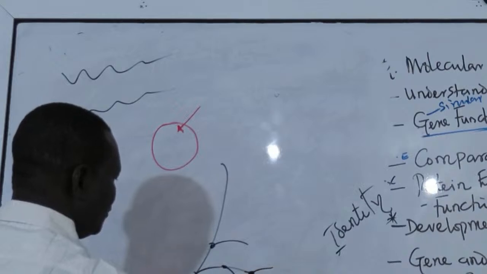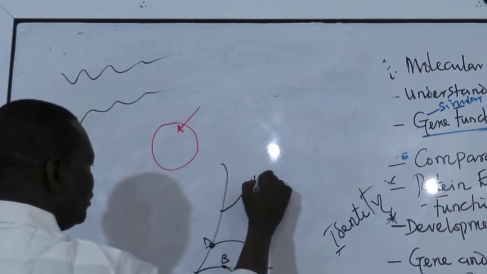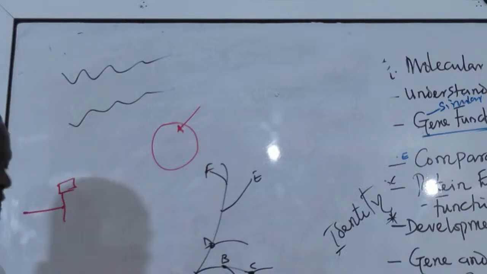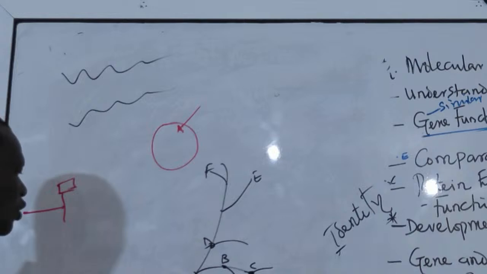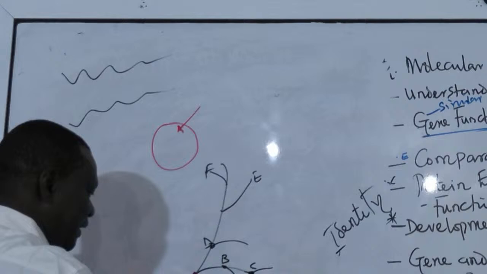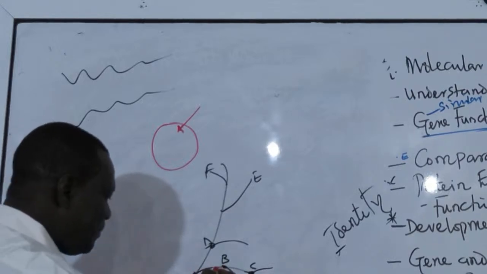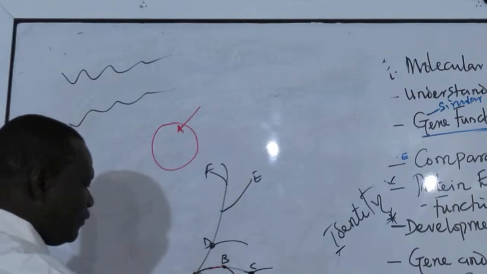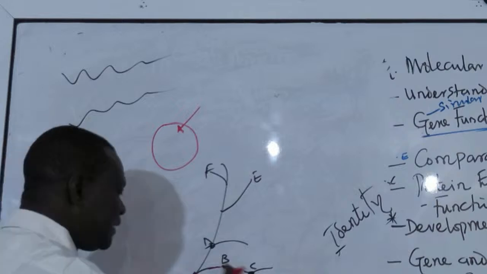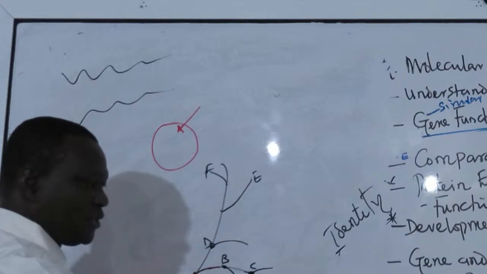So if this is A, B, C, then this is D, this could be E, this could be F. Now looking at ABC here, what this phylogenetic tree is telling you is that because we have ABC on the same branch, although the time of their divergence actually differs, they are on the same branch. Molecular marker is just like a signature.